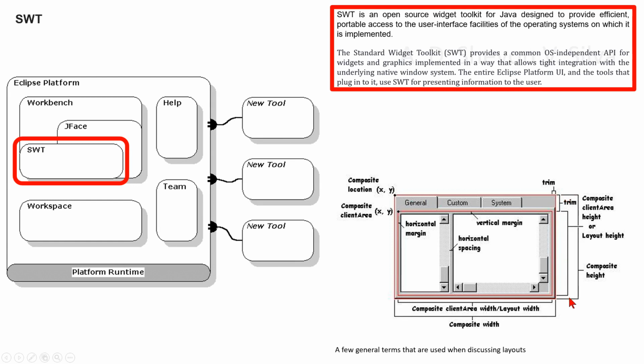The size of the composite is the size of the client area plus the size of the trim. The composite has two children that are laid out side by side.